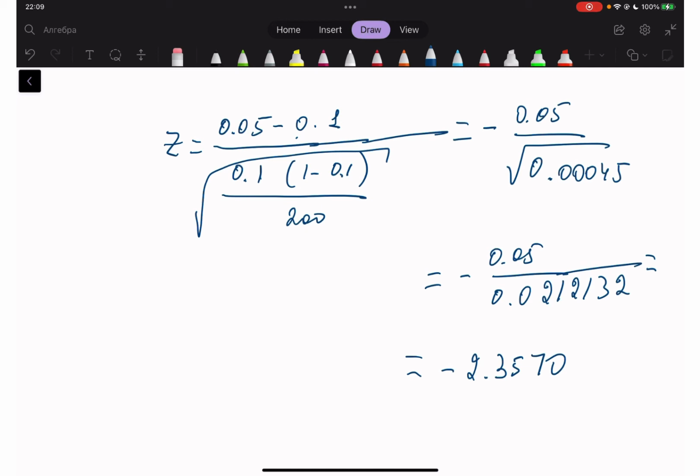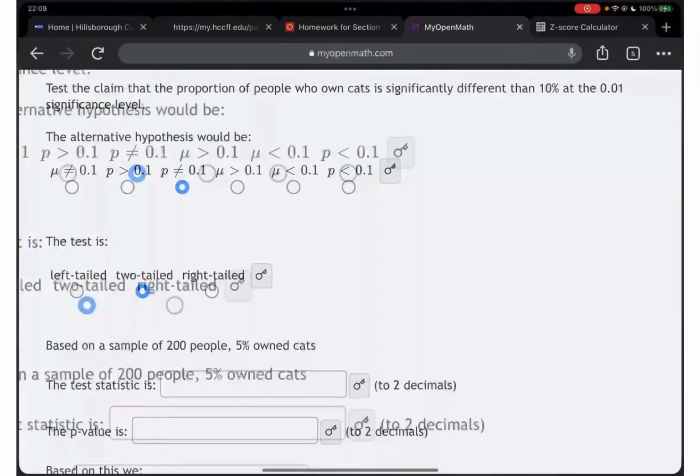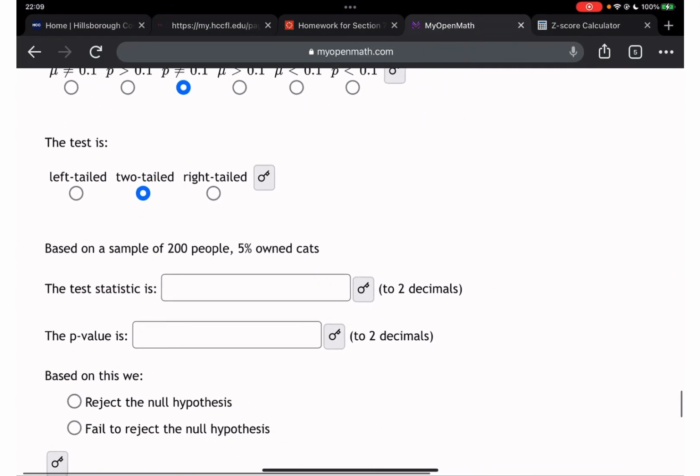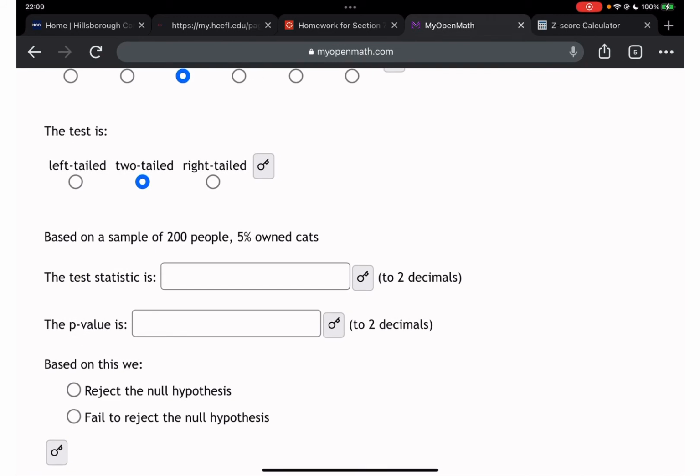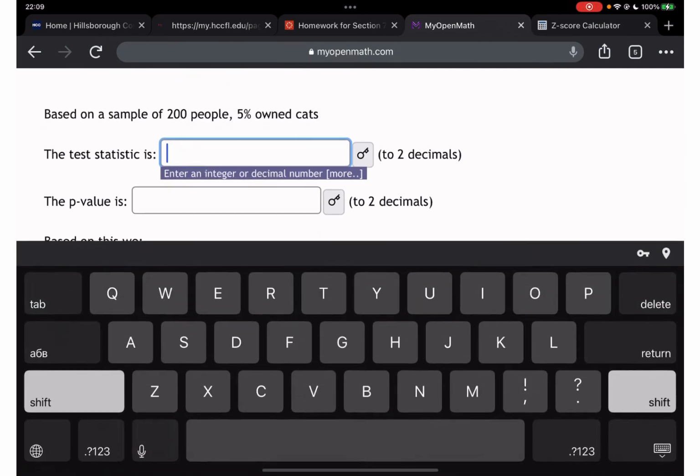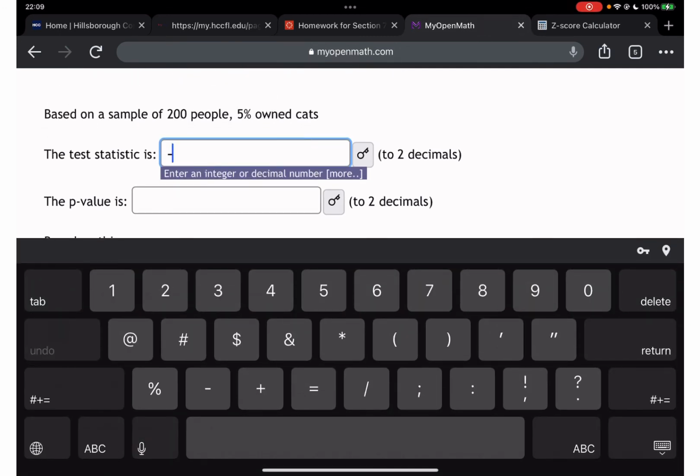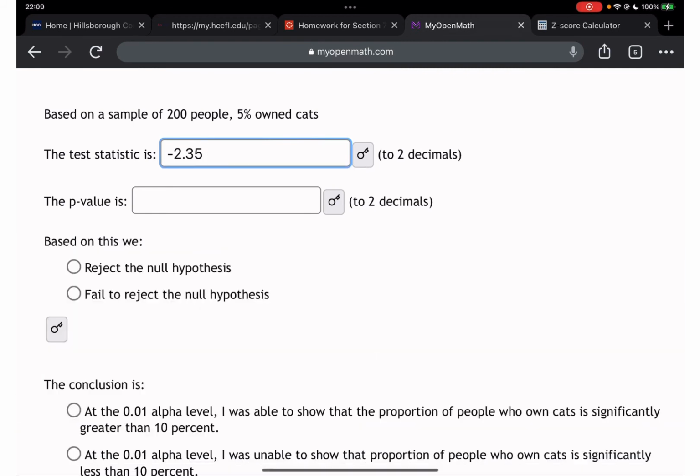Okay, let's see how many digits we need here. Up to 2 decimals. Okay, so it's going to be negative 2.35. Okay, we have this, and now the p-value.